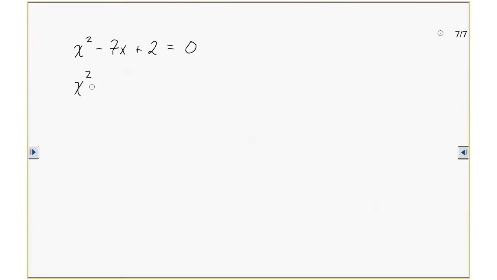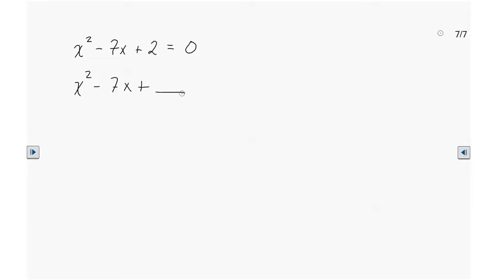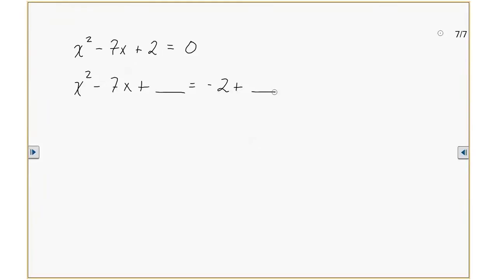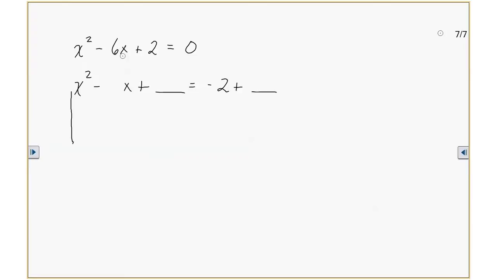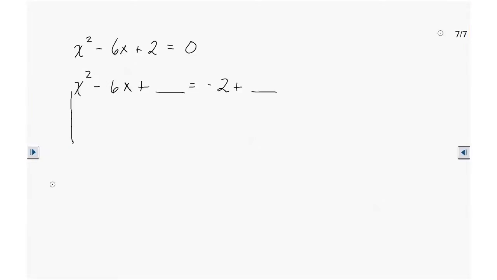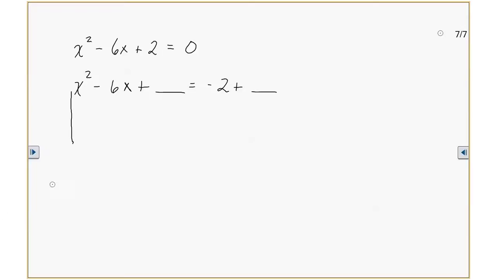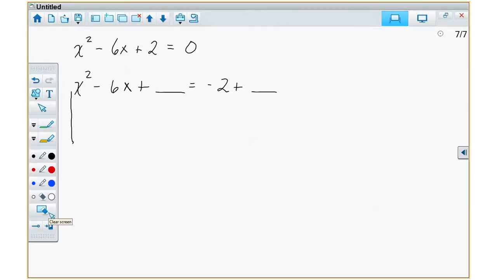x squared minus 7x plus blank is equal to negative 2 plus blank. No, let's change this to 6. I'm still not ready to go that route yet. That's a number 4, number 5, and number 2 right now. So what's half of 6?